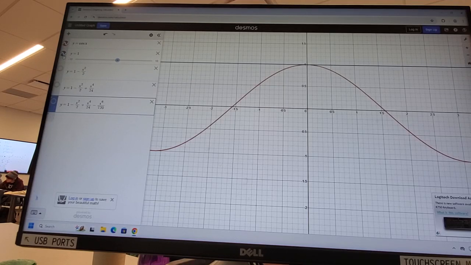X cubed over 3 factorial plus x to the 5th over 5 factorial. So you see how it's kind of neat? They kind of have what the other one's missing. Okay. So those two are Taylor series, more specifically, Maclaurin series that we just know.